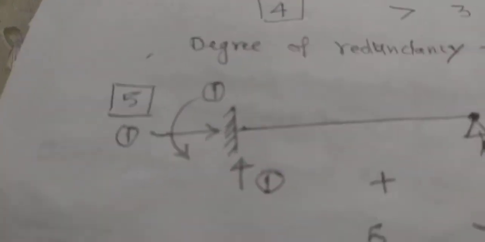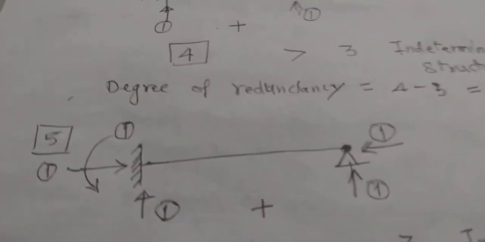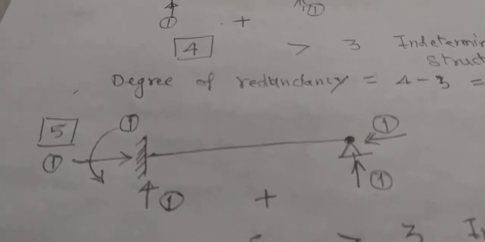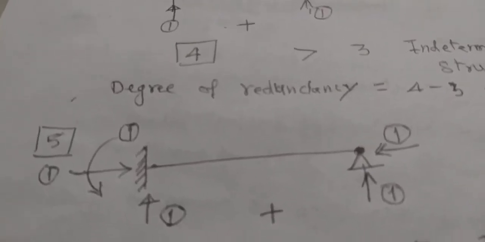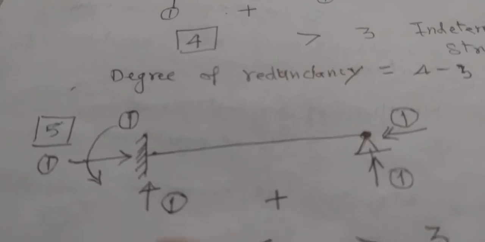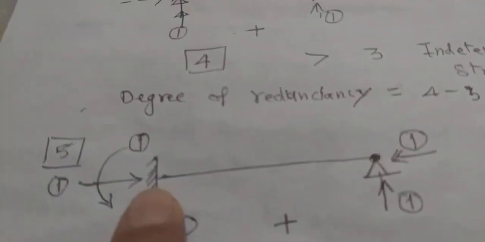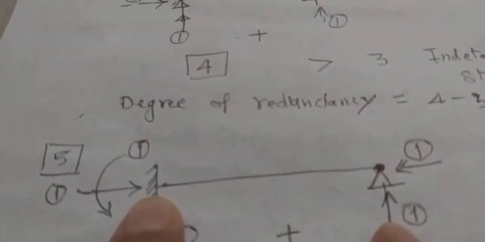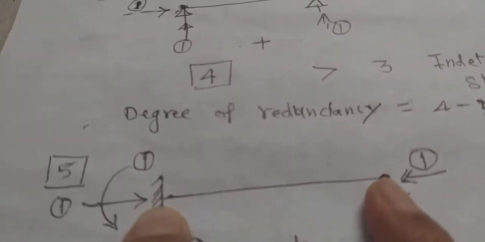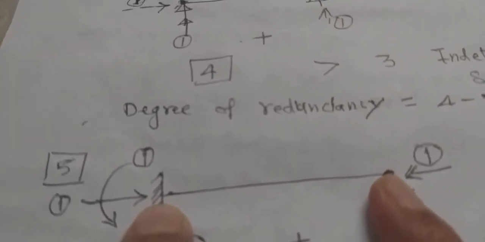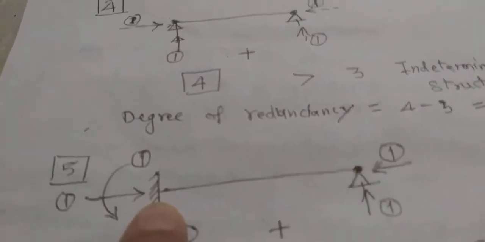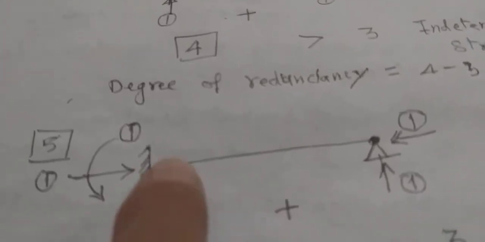Now we will go for another example. Example itself will show how we can define the determinate and the indeterminate structure. Now this is a propped cantilever which is fixed at one end and hinged at the other. Now here when we talk of the propped cantilever, again we have seen when it is fixed, there are 3 types of reactions.